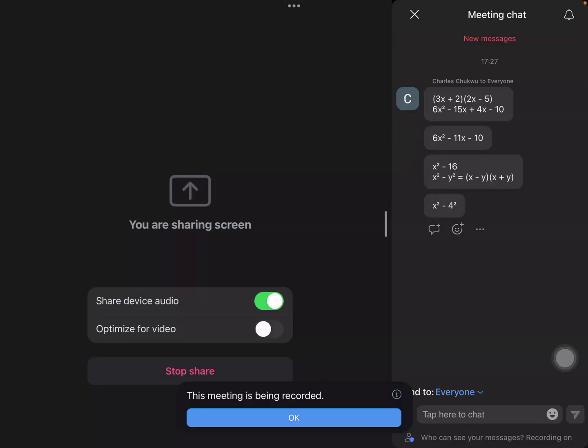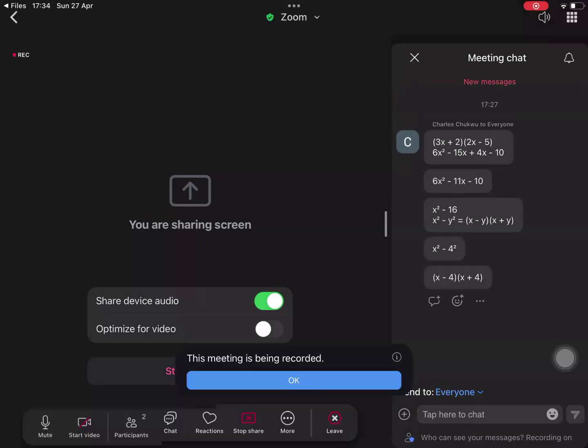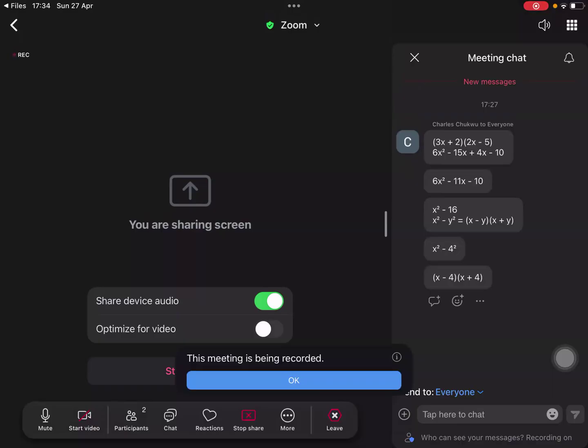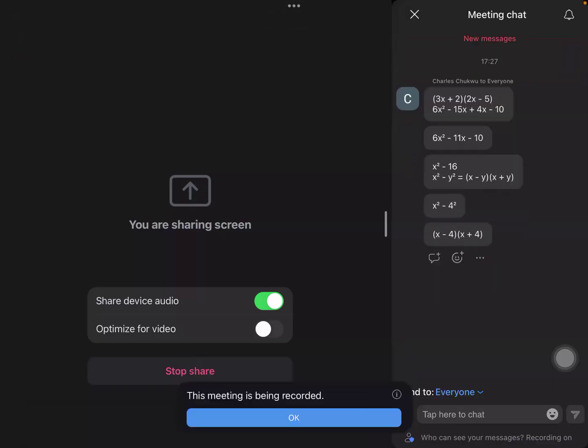So that's going to be x minus 4, and then in the second bracket I'm going to have x plus 4. So it's going to look exactly like that. Did you get the concept now? Yes.